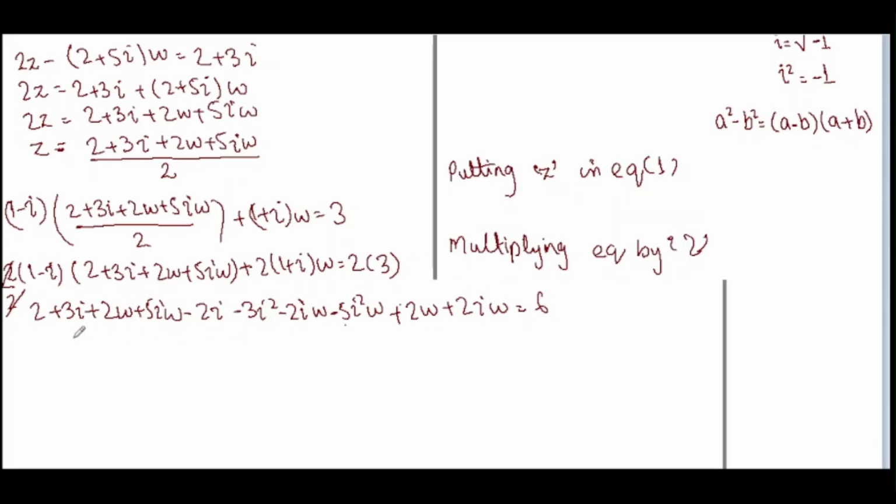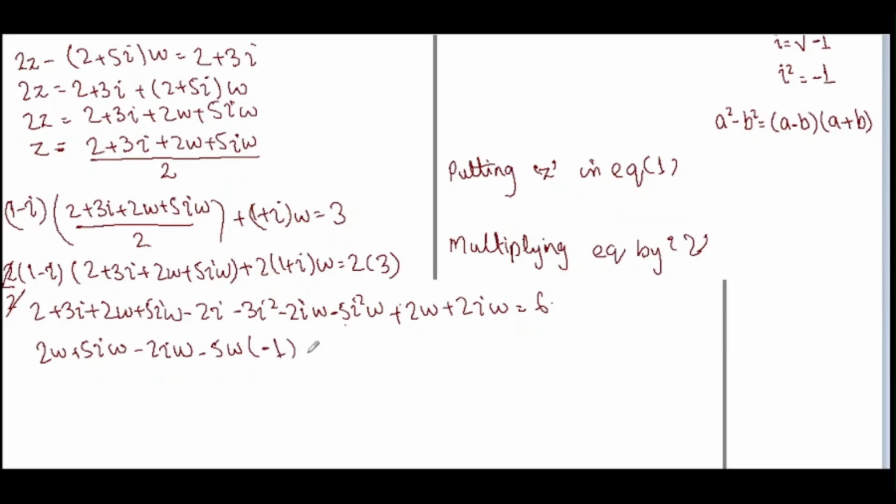Now we have to solve all of this. The terms with w will remain on the left side and the other terms are to be shifted towards the right side. So we'll get 2w plus 5 iota w, then minus 2 iota w, minus 5 w into iota square equals minus 1.